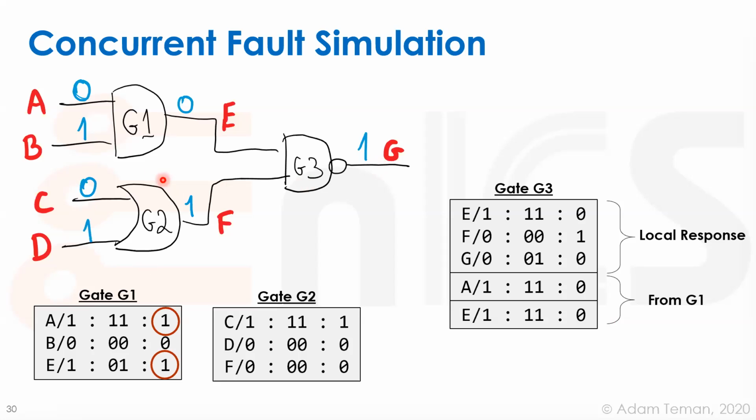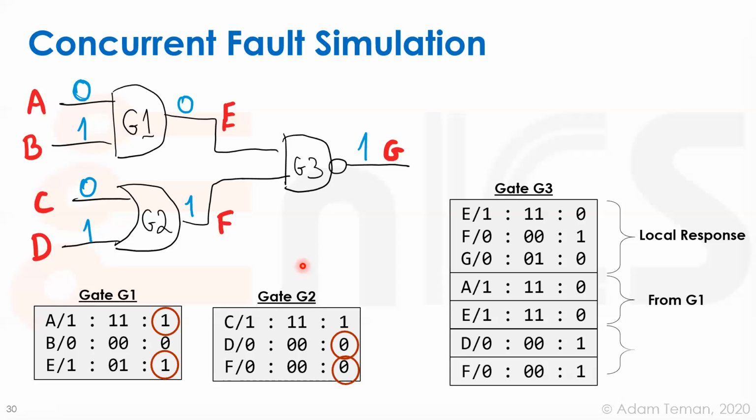We do the same thing for this. This time, F should be 1. So these two responses are wrong. Okay, so if D is stuck at 0, right, then we have 0, 0. The output here will be 0. So we'll have 0, 0 at the input. If 0, 0 is at the input, we'll have 1 at the output.